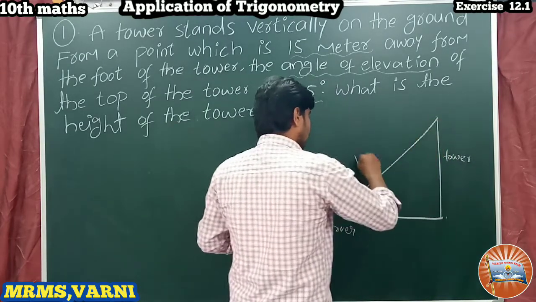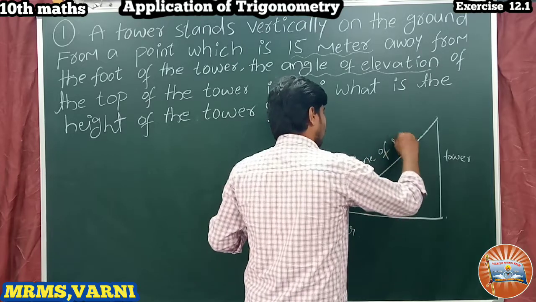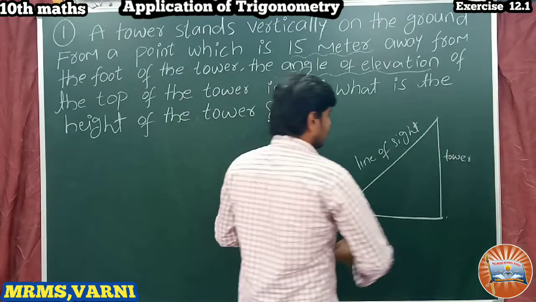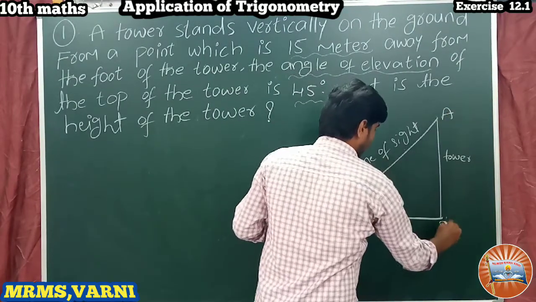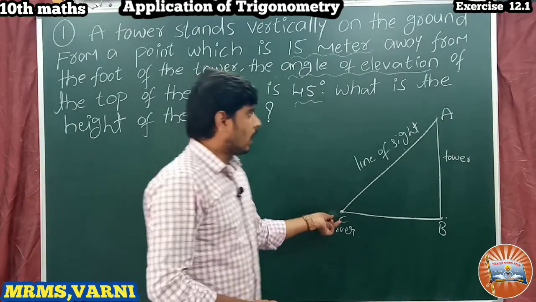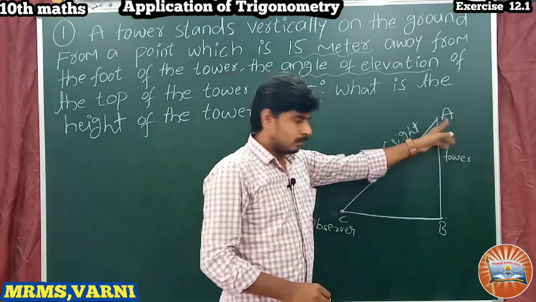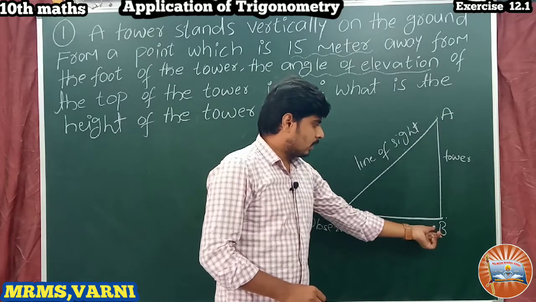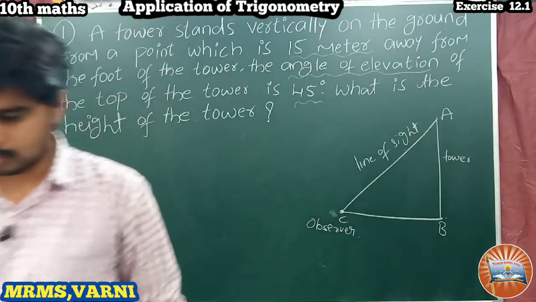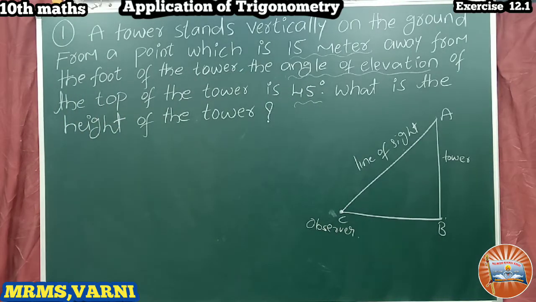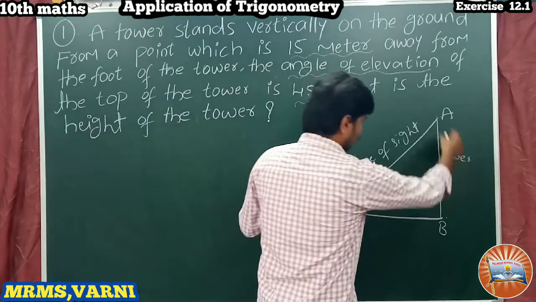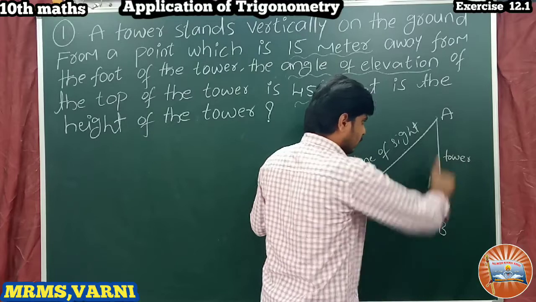Join these 2 points. This is nothing but the line of sight. Let us name them A, B, C. C is the observer, A is the top of the tower, and B is the bottom of the tower. We have to find the height of the tower, that is AB.